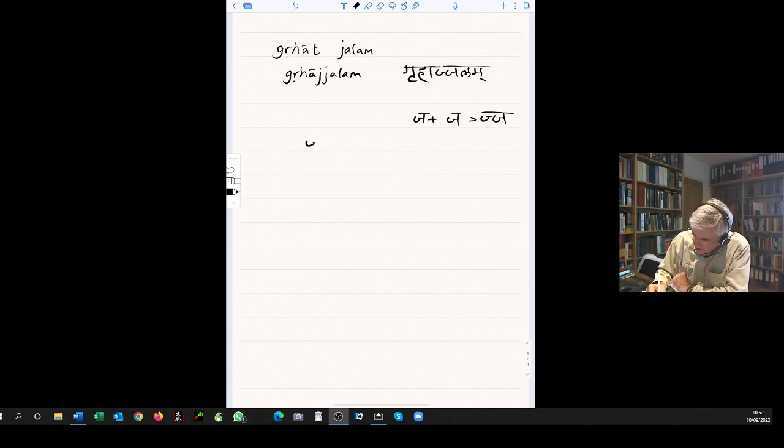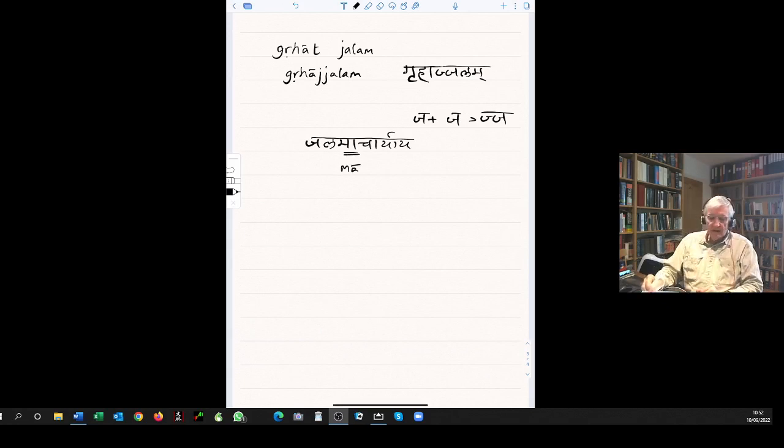So it's written as if it were a single syllable, ma, even though they belong to different words. Jalam acharyaya. Look at them together, they look as if they're part of the same word, they're not. So shishya grihad jalam acharyaya labhante.